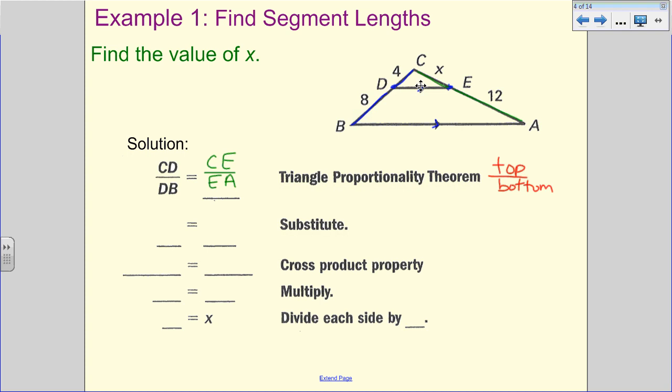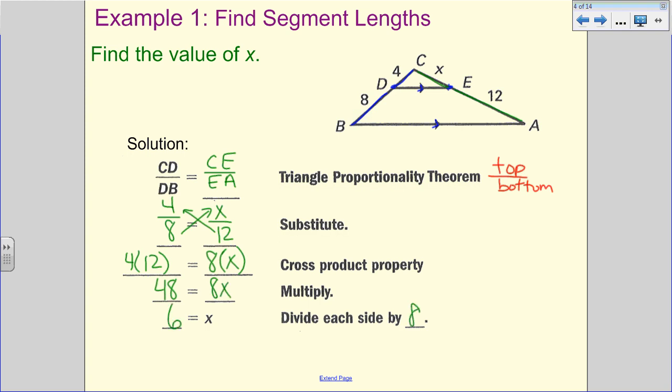So now we're going to substitute in the values that we have. So CD is 4, DB is 8, and that equals X over 12. We're going to use that cross product property, which means we're going to do 4 times 12 is equal to 8 times X. Do your multiplication, so we have 48 is equal to 8X, and then you divide each side by 8.